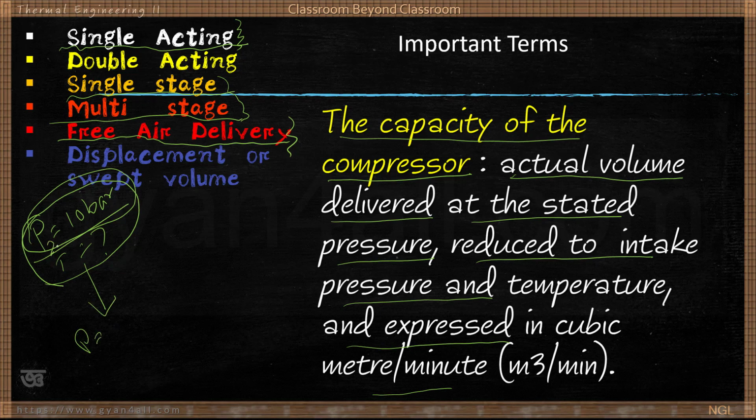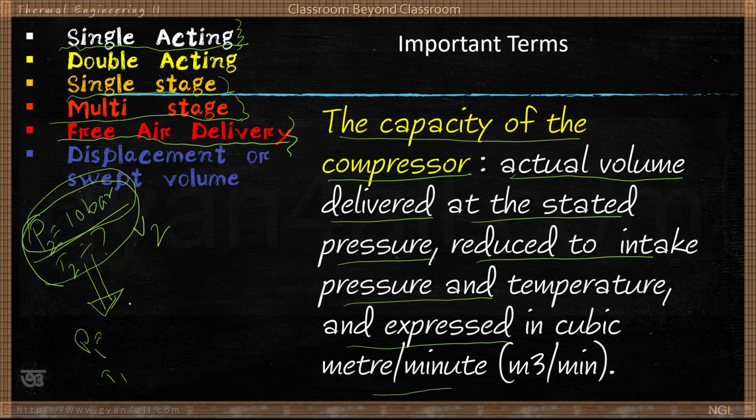Now this is P2, 10 bar, and P1 is what? P1 is the pressure before compression. After compression, pressure is P2 and temperature is T2. That has some volume, say V2.